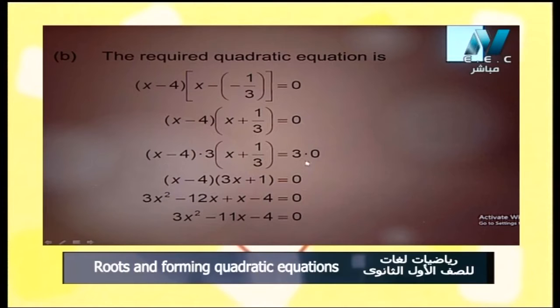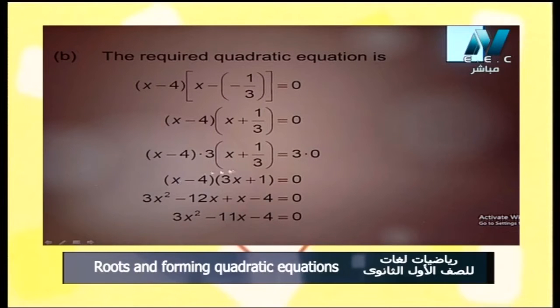If we multiply by 3 all of these two sides, it will be here 3x, and 3 multiplied by 1 over 3 equals 1, and 3 multiplied by 0 equals 0. So we have the simplest form of this bracket.